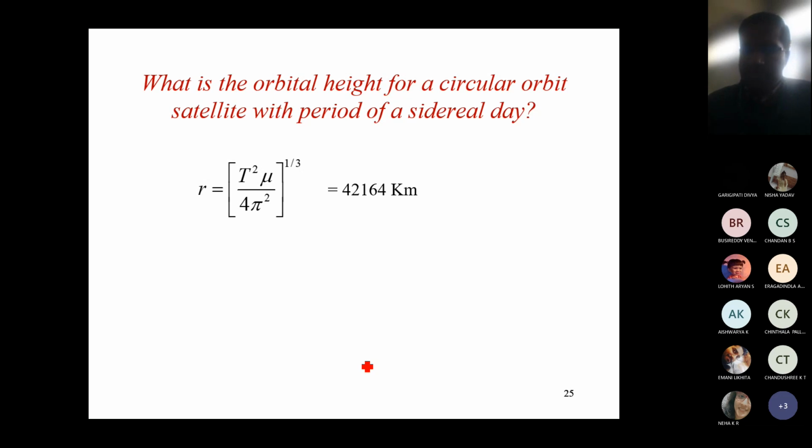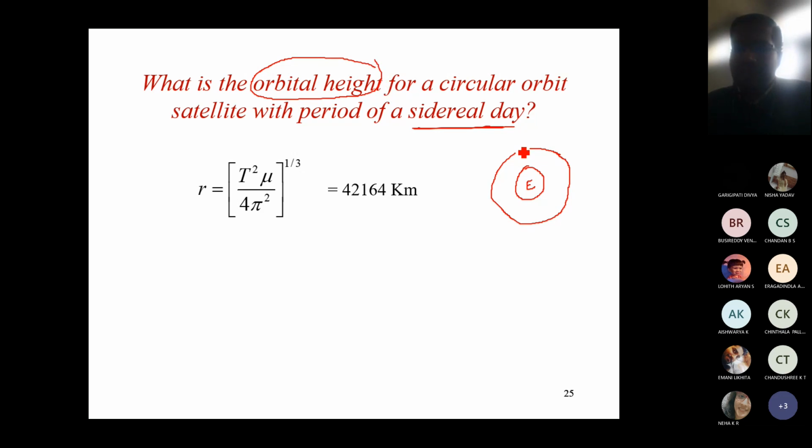Okay, so that means if this is the Earth, and the satellite is moving in a circular orbit around the Earth, and the satellite takes a time period of one sidereal day to complete 360-degree rotation, then what is the orbital height of that satellite?